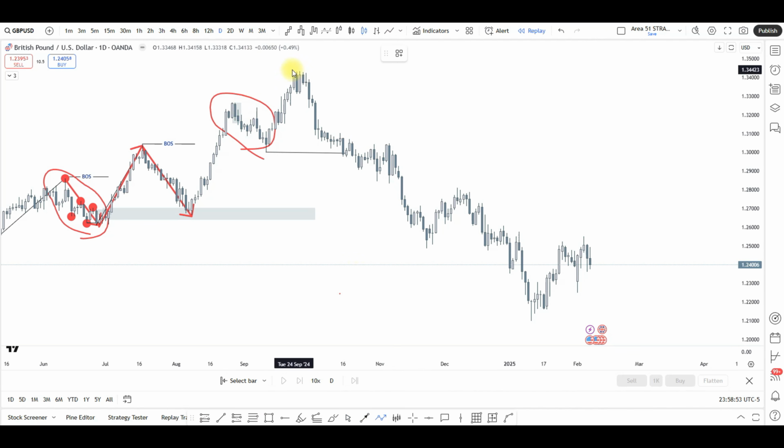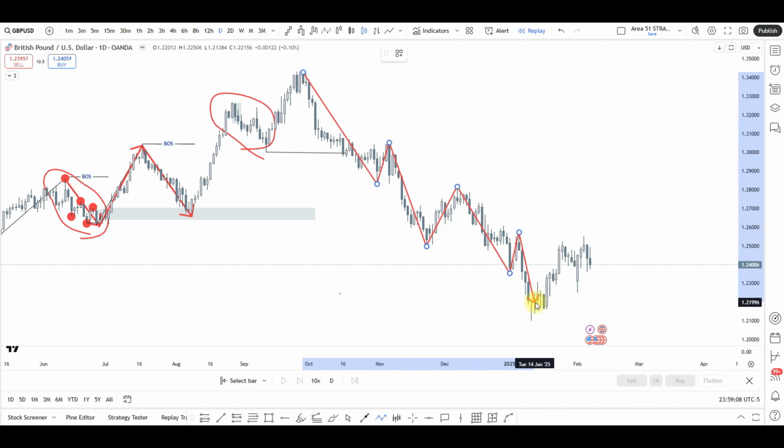Look at this. Drop, base, drop. Impulsive, corrective, continuation.